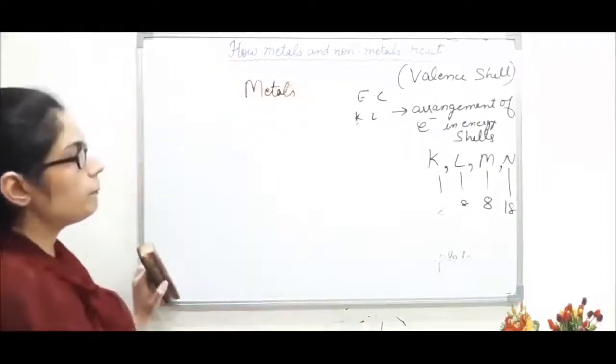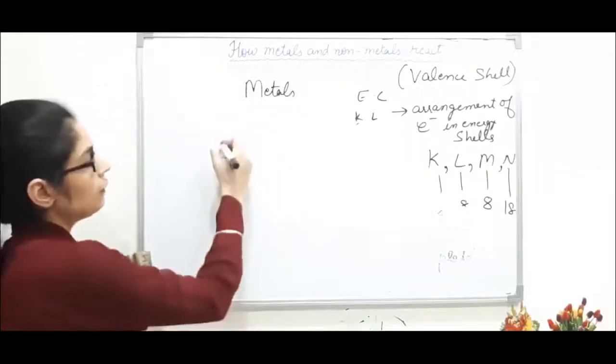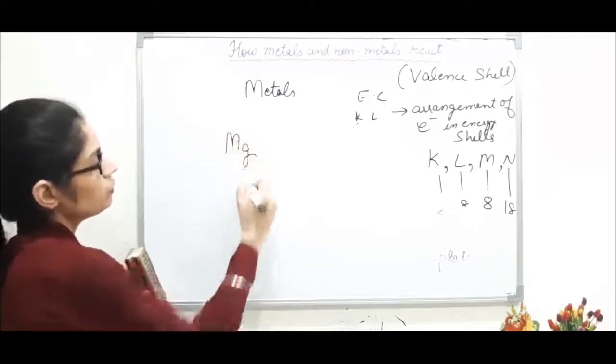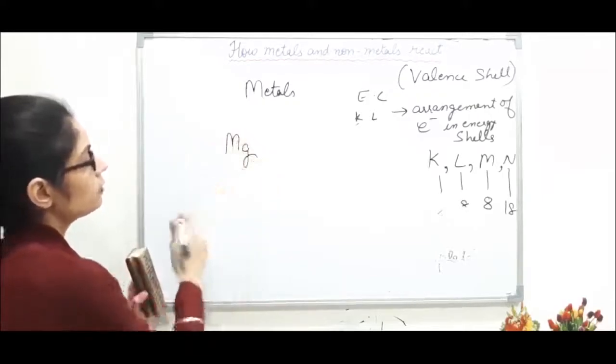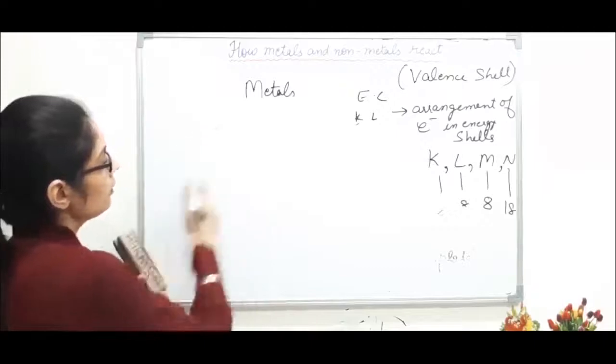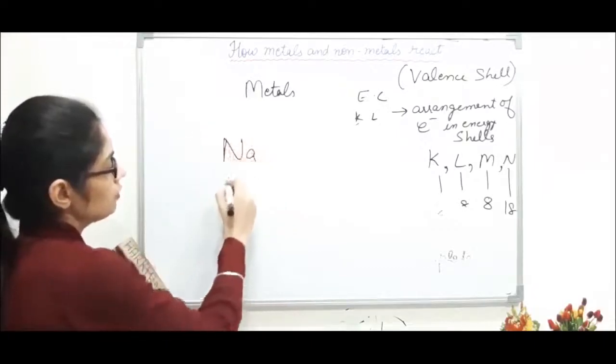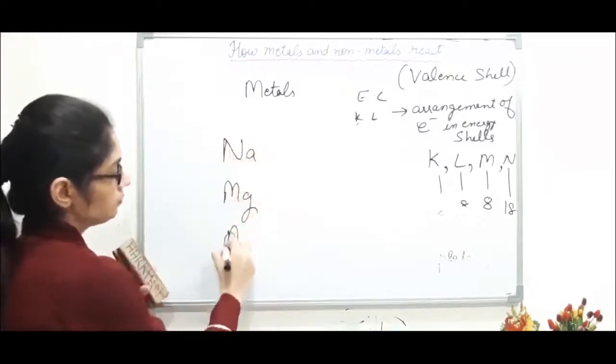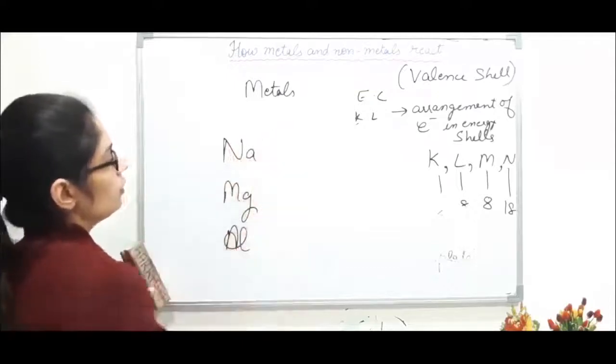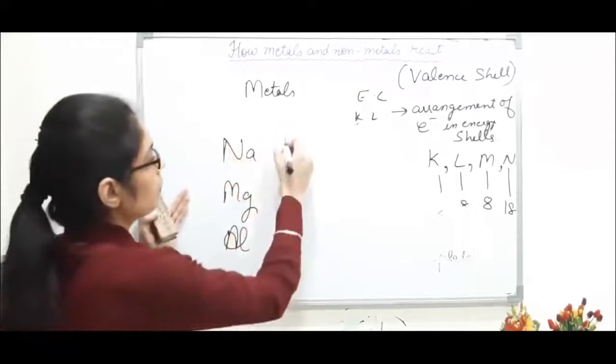So 3 metals we will take: sodium, magnesium and aluminium. So atomic number of sodium is 11.